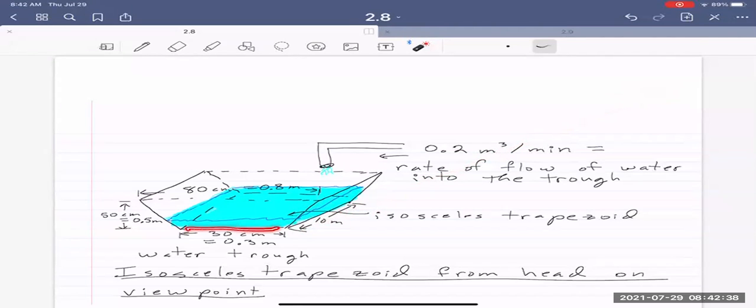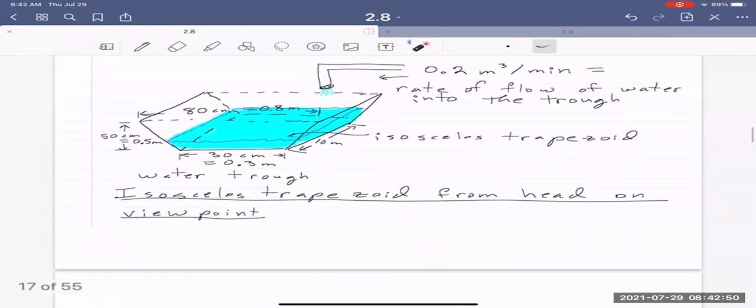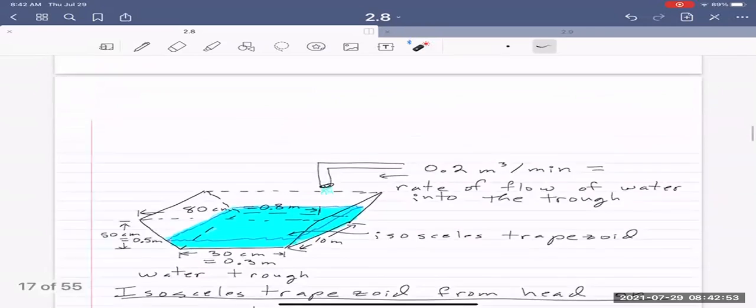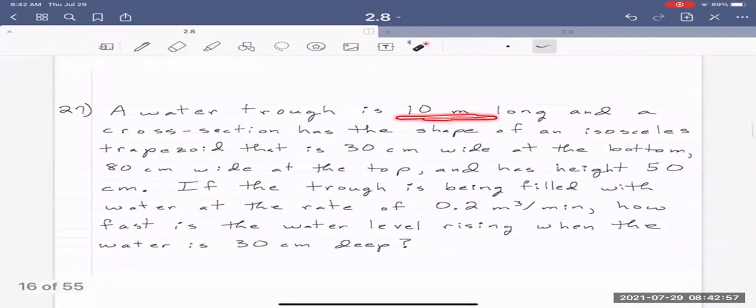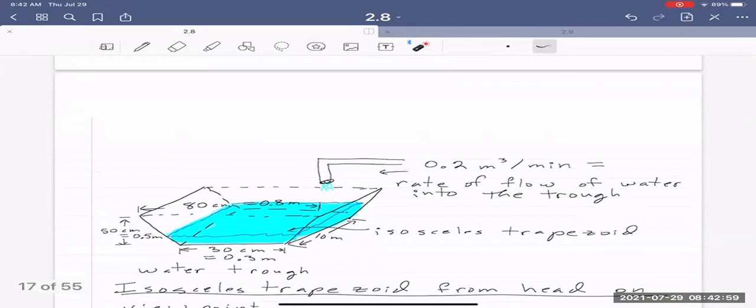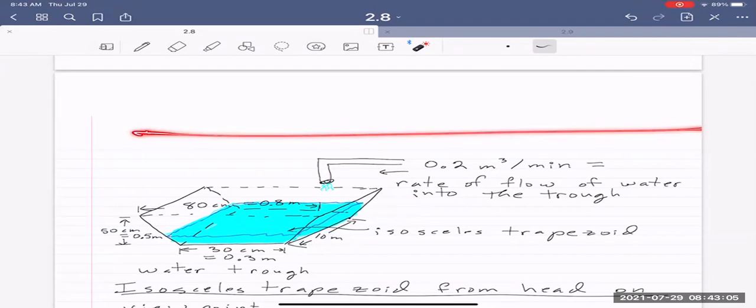And then this is just a little 30 centimeters wide. So it's not nearly as wide, it is long. So I've not really drawn it to scale, but that's okay. It's more important to do other things. So let's do this. Your water trough is 10 meters long. And so it's 10 meters long here. So it's really long.